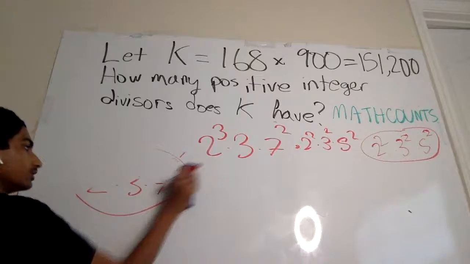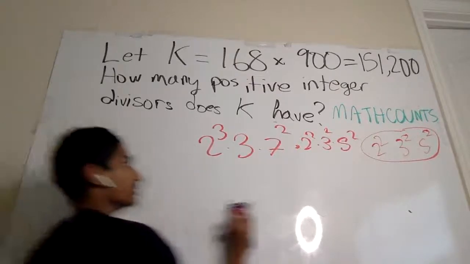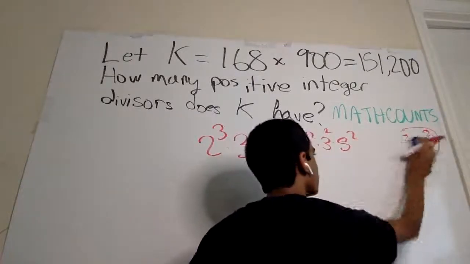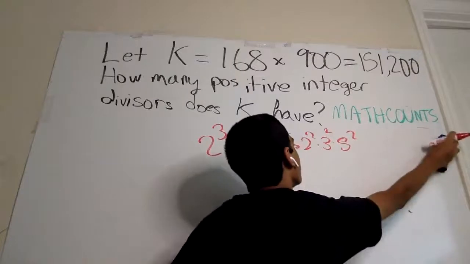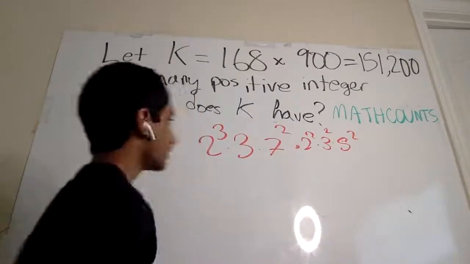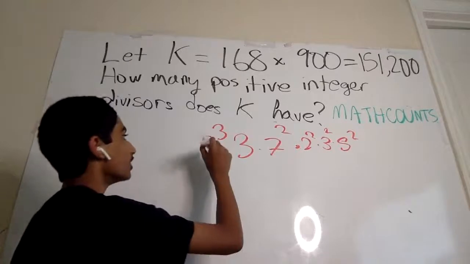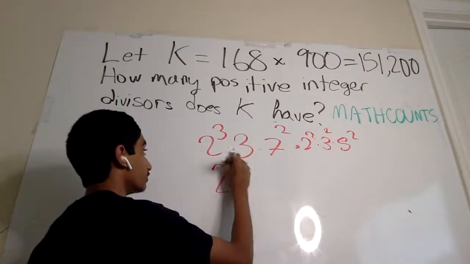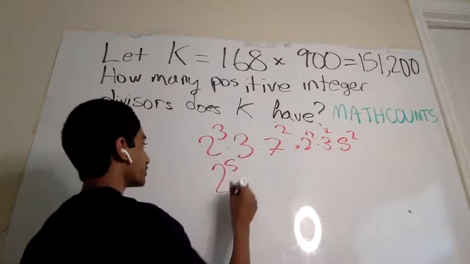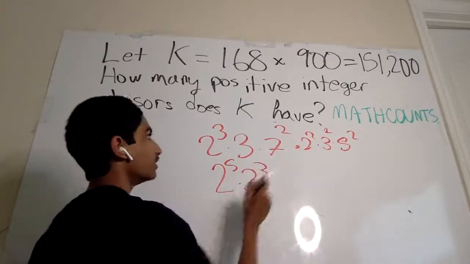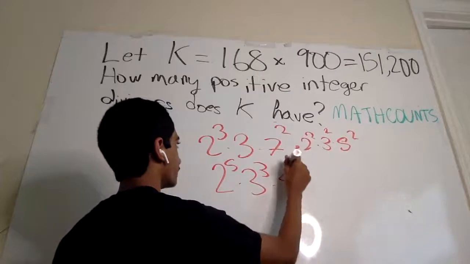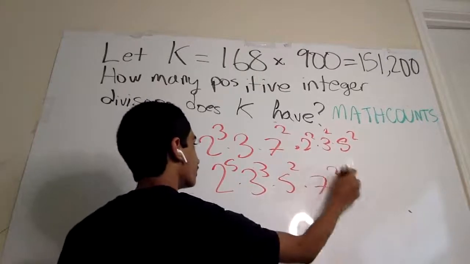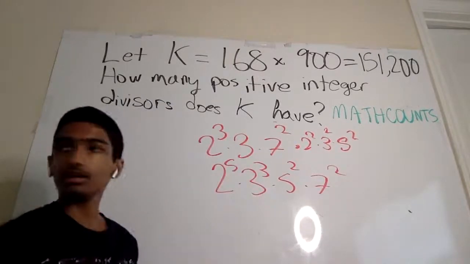Now we can erase these. So now what we can do is 2 cubed times 2 squared is just 2 to the fifth. 3 times 3 squared is just 3 cubed. 5 squared would just be 5 squared, and 7 is just 7. So now we have this expression right here.